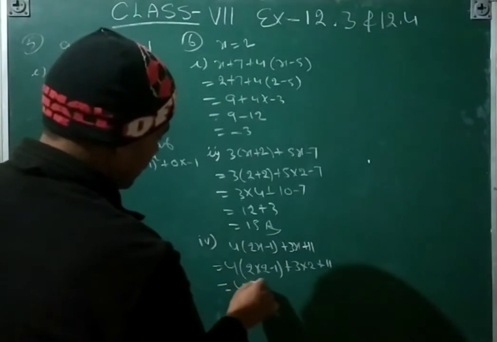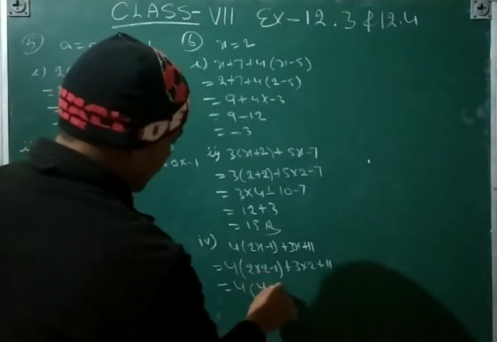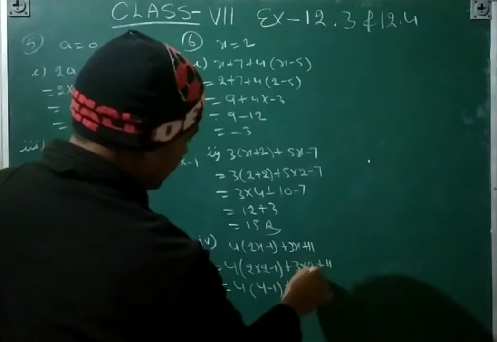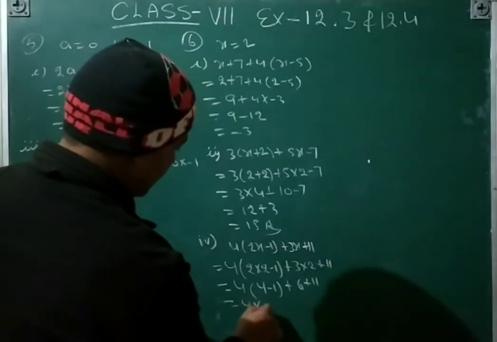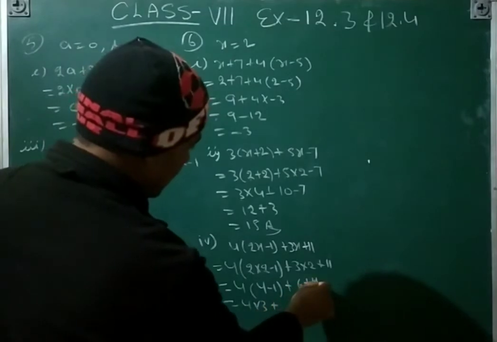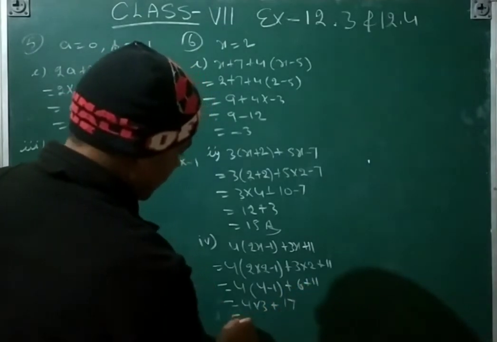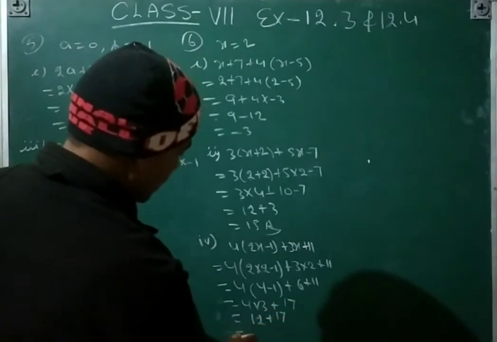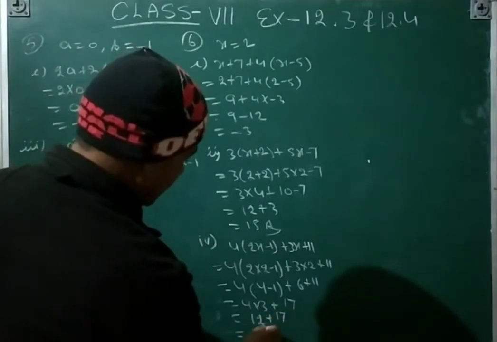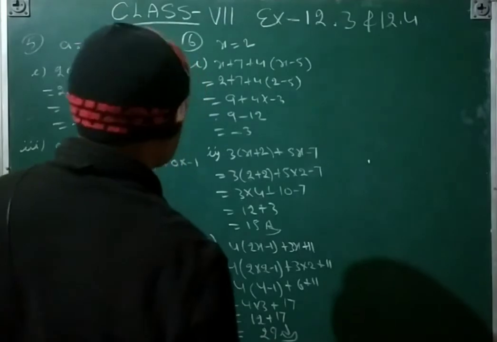So 4 bracket 2 twos are 4, minus 1, plus 3 twos are 6, plus 11. So that 4 into 3, plus 6 plus 11 is 17. So 4 threes are 12, plus 17. So that 12 plus 17 is 29, the answer.